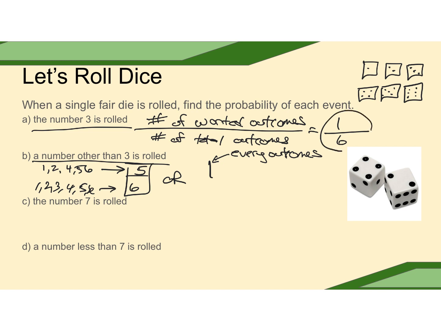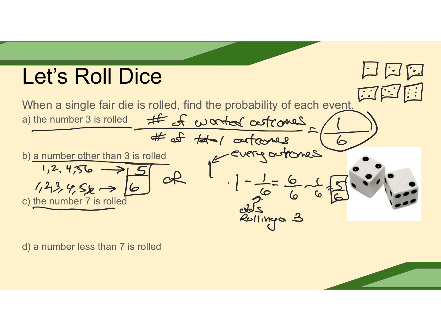But we know that 1 out of 6 of those outcomes is rolling a 3. So if I take away from every outcome the odds of me rolling a 3, when I subtract, I get the common denominator, and I also get 5/6. So that's 2 ways to think about that problem.